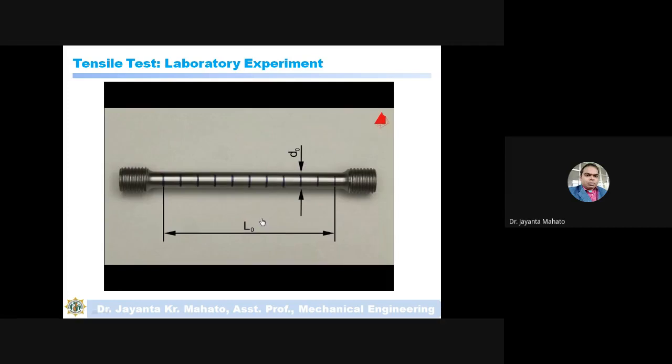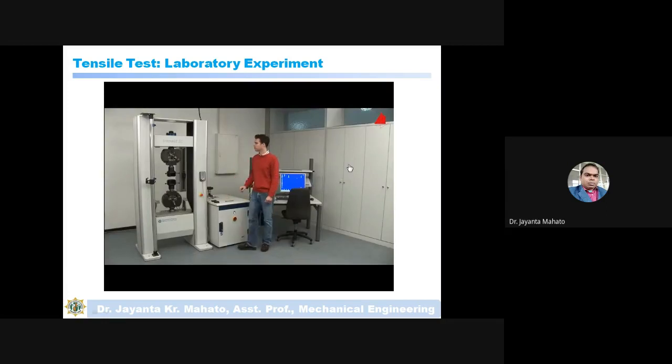So this is the gauge length. Gauge length means the specimen looks like this.